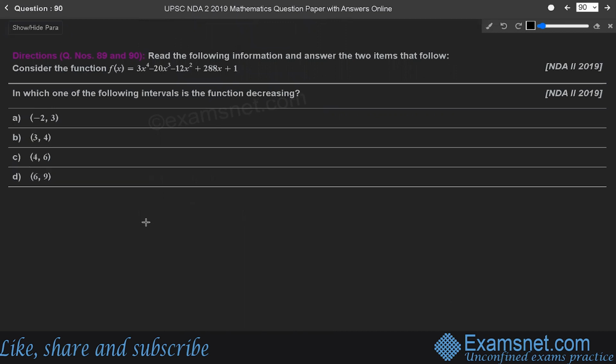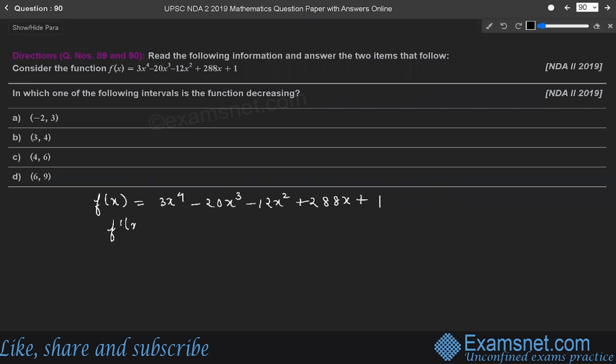Next question also has the same directions. In which one of the following intervals is the function decreasing? In the previous question, we have found the range in which the function is increasing. Now we have to find for decrease. So f of x is equal to 3x^4 minus 20x^3 minus 12x^2 plus 288x plus 1.